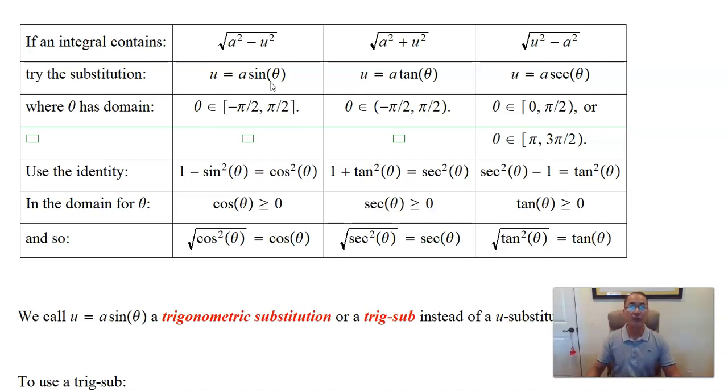Okay. So it's the same thing for these two columns. Okay. So let's do the last one. Okay. It's the same idea for all three. If an integral contains square root of u squared minus a squared, try the substitution u equals a times secant theta instead.